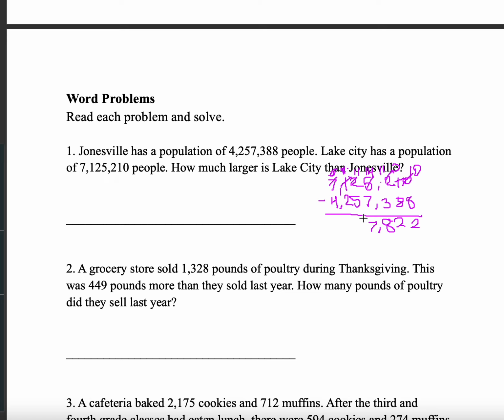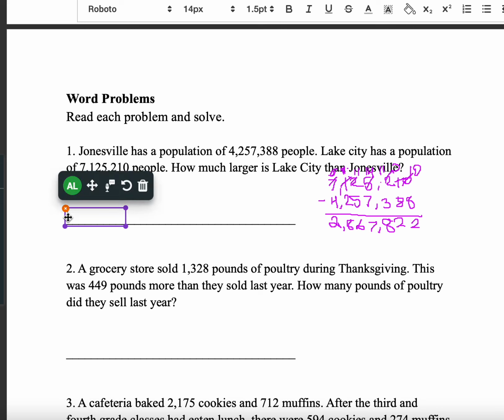This would be 6. This would be 8. And this would be 2. So now we know that Lake City has 2,867,822 more people than Jonesville.